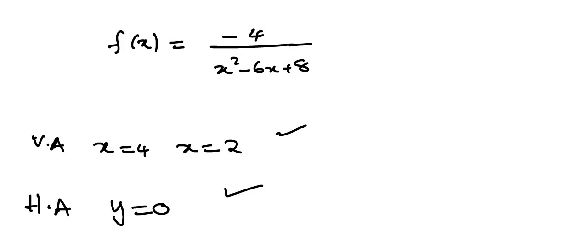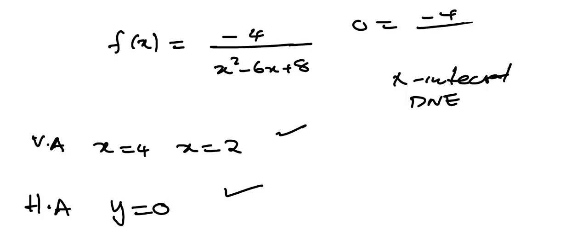Other special cases can, but here the x-intercept won't exist because we are not supposed to cross the x-axis. Even when you put 0 on this side, 0 is equal to -4 over everything that you have down, it won't work because if you cross multiply, this becomes -4 is equal to 0, which is false. So the x-intercept does not exist.